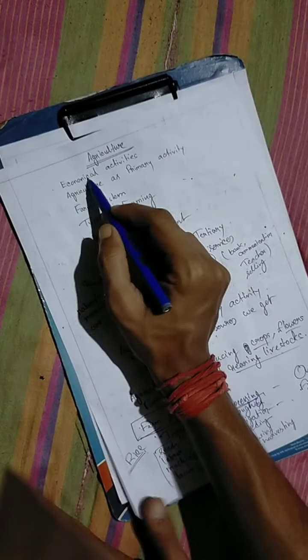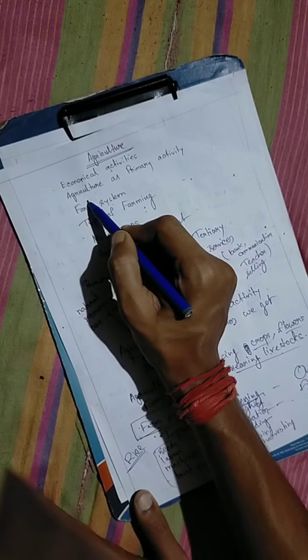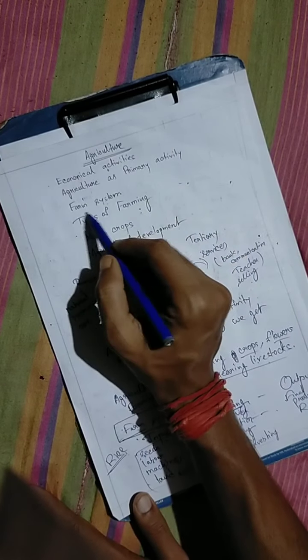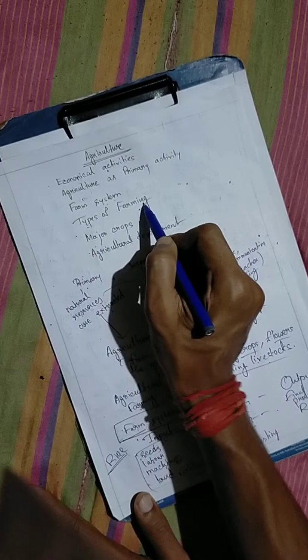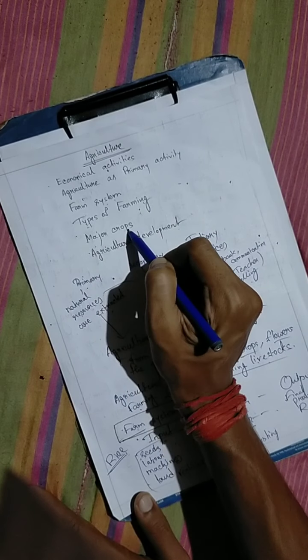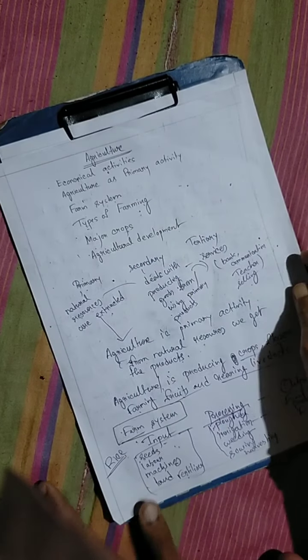So we saw economic activities, agriculture as the primary activity, farm systems, and types of farming. Now let's see major crops and agricultural development.